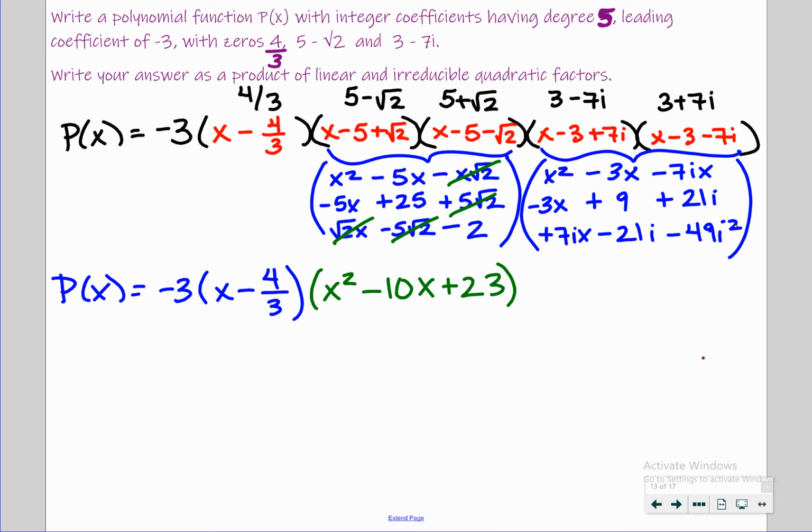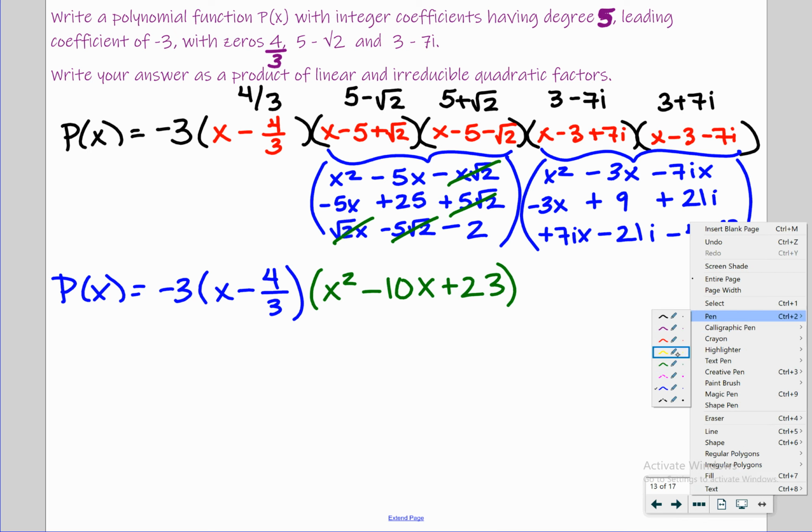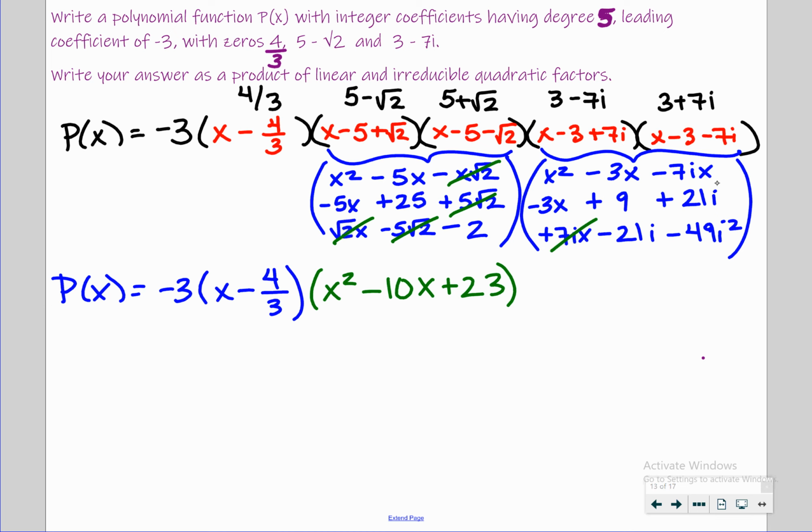And again, if you're doing it right, anything with an i should go away. So I've got positive and negative 7ix, those are gone. Positive and negative 21i, those are gone. And what does i squared simplify to? Negative 1. So instead of negative 49i squared, I can write what there?